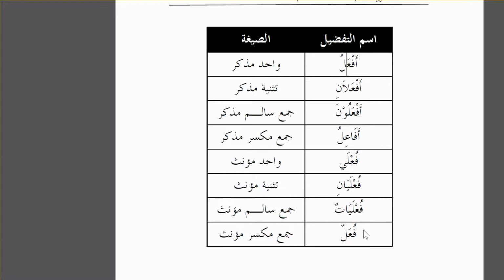Let's look at it again. Af'alu, af'alani, af'aluna, afa'ilu. Like you could say also, akbaru, akbarani, akbaruna, akabiru. Like we say the akabir, our great ulama, the akabir. Or kubra, kubrayani, kubrayatun, kubarun.